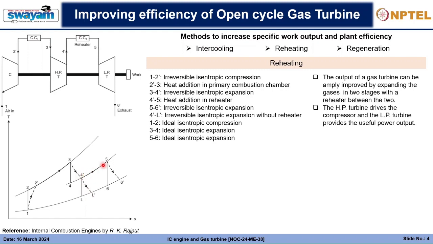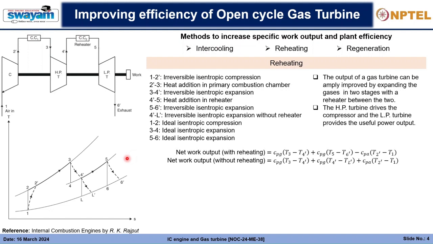But with a reheater stage, the temperature difference is 5 to 6 dash, which is greater than this temperature difference. So the net work output derived from the two turbine stages is higher as compared to only a single turbine stage, and that will increase the specific work output.